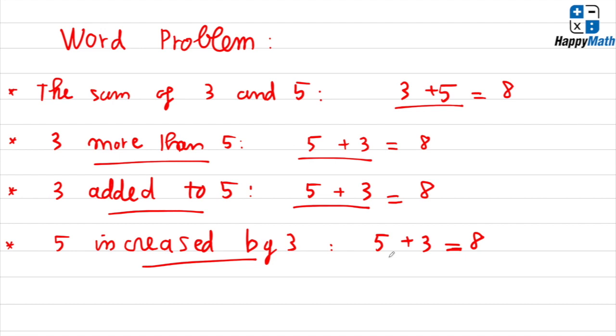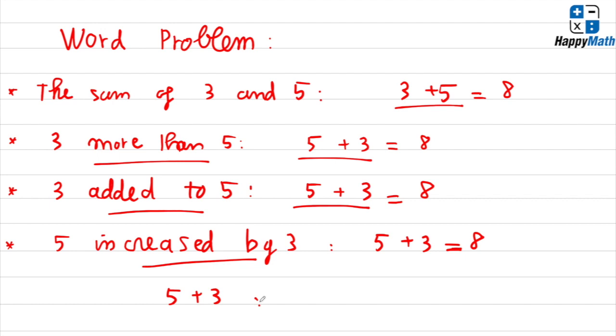In other exercises you just have an expression like 3 plus 5, but in word problems you have many ways to present the expression 5 plus 3. The sum, more than, added to, increased by: those are the main words for word problems of addition.